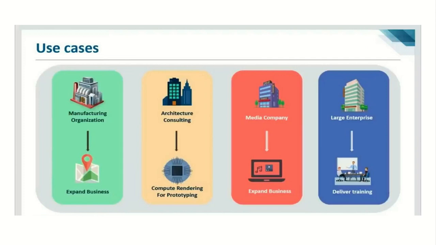AWS takes care of both issues. It lets us automate or speed up rendering, as far as prototyping is concerned, and that is why architectural businesses benefit a lot when we talk about AWS or any other cloud provider. But AWS being the best in the market, its services are the best.